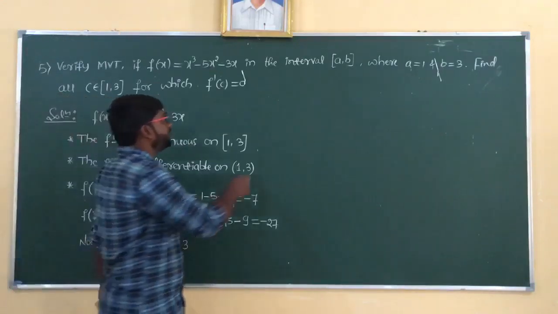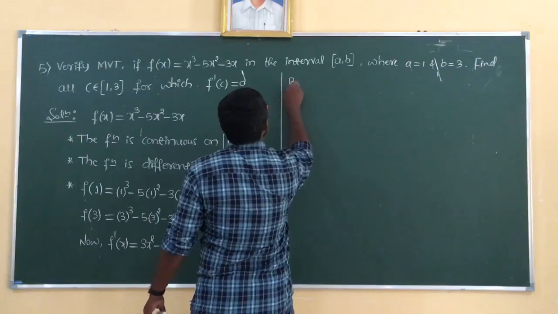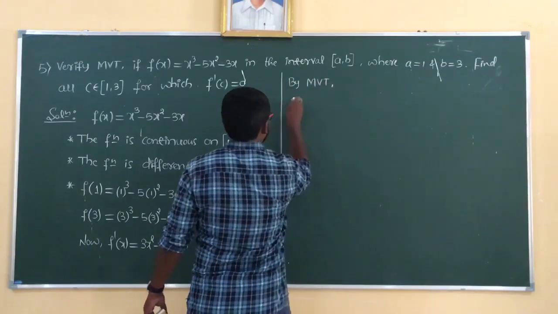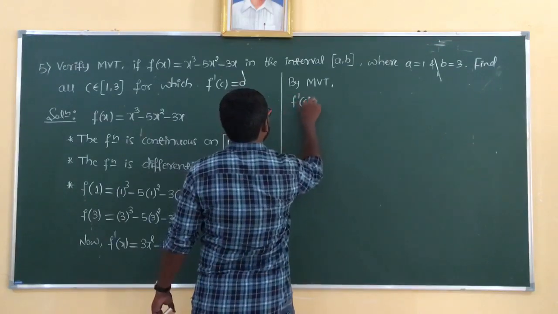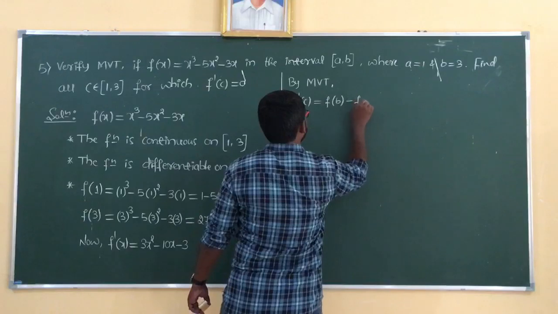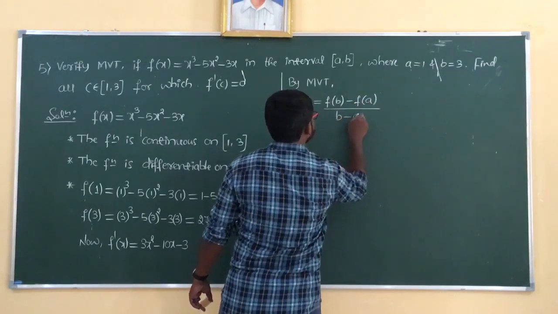So now by MVT, mean value theorem, f dash of c is equal to f of b minus f of a divided by b minus a.